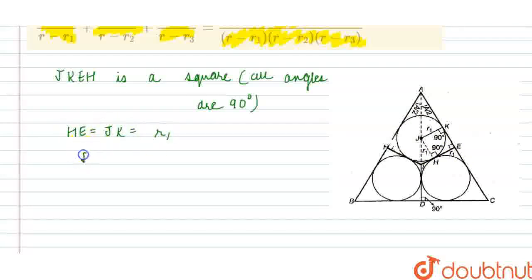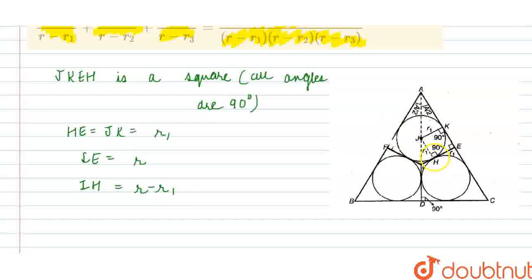It is already given in the question that IE is equal to R. Therefore, we can say that IH is equal to R minus R1. Now we can say that in the right angle triangle IJH, this is I, this is J, this is H. This is a right angle triangle.